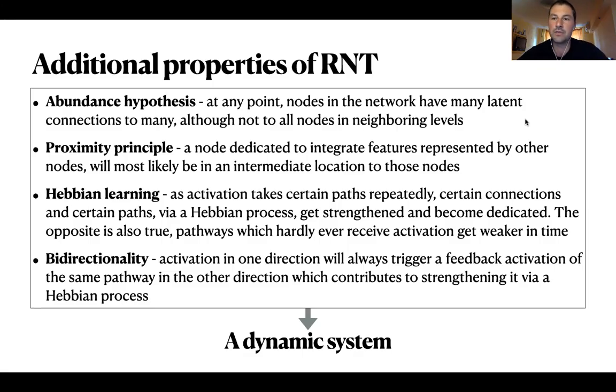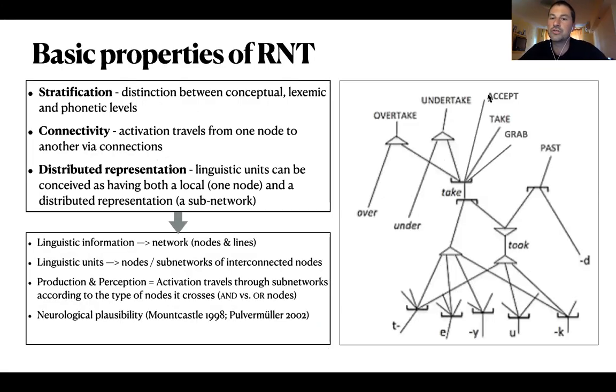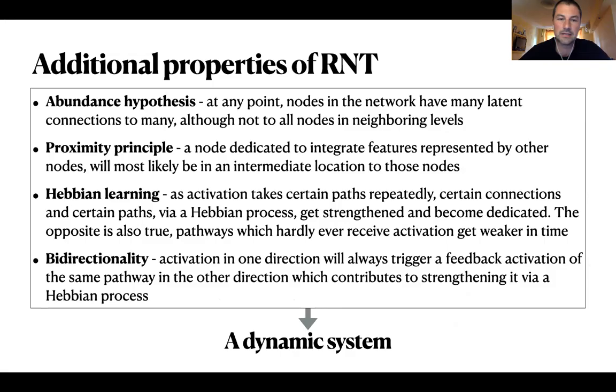That means that whenever we draw a diagram, we only show the active or strengthened lines and nodes, but we need to remember that at any point there are many other latent connections and nodes which are not represented, and they can be represented once they get strengthened and dedicated. The proximity principle states that a node dedicated to integrate features represented by other nodes will most likely be in an intermediate location to those nodes.